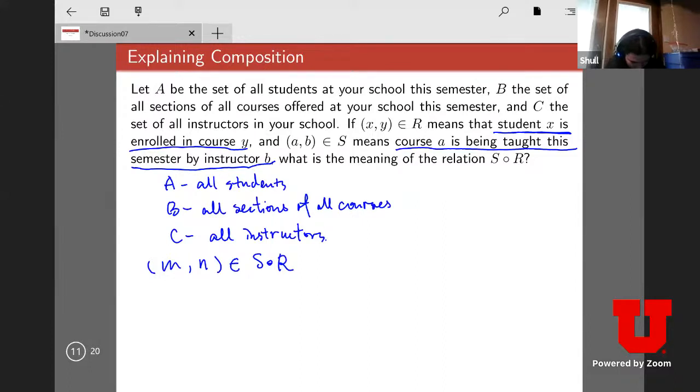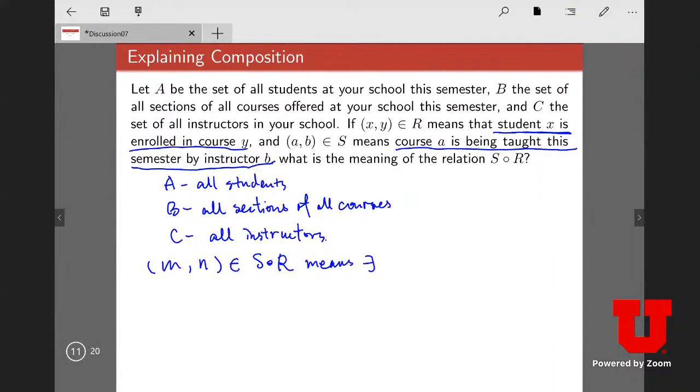If M, N is in S of R, it means that there exists, let's say, what can we use? D, let's use D. There exists D such that M, D is in R and D, N is in S.